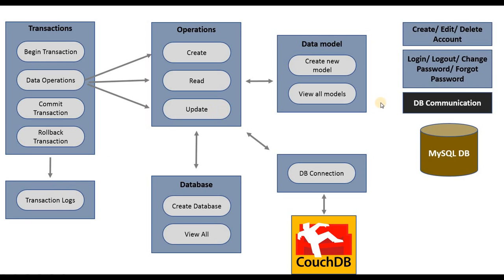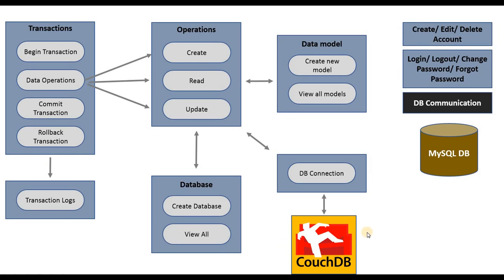Apart from this, we will also require our MySQL database. The reason for having this MySQL database is to store our metadata. The actual customer's data will be stored in CouchDB, but for implementing this transaction layer, we need to store some data temporarily within our project.